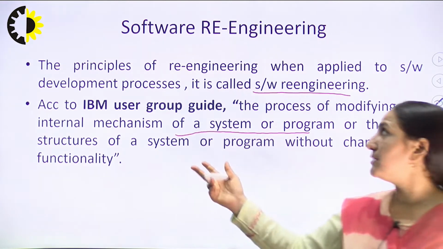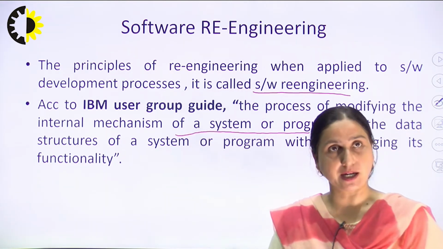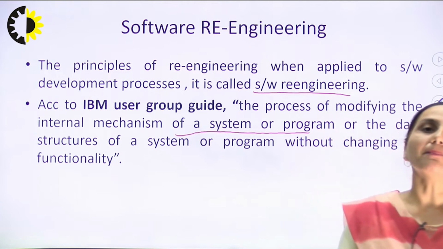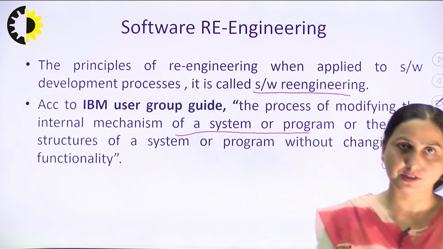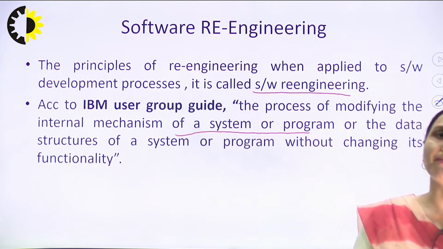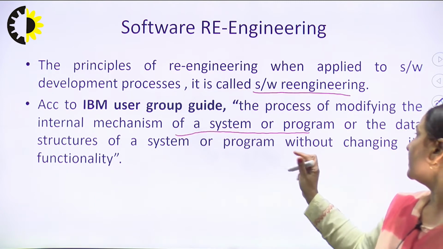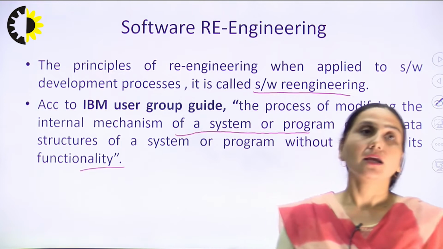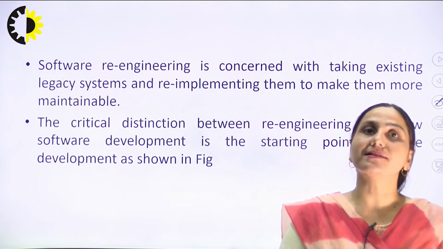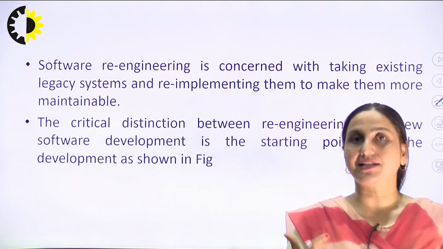This is the definition given by the IBM user guide: the process with the help of which you are able to modify the internal mechanism of the system or a particular program, or the data structure of the system, without changing the functionality of the system. Software re-engineering is concerned with checking the existing legacy system.